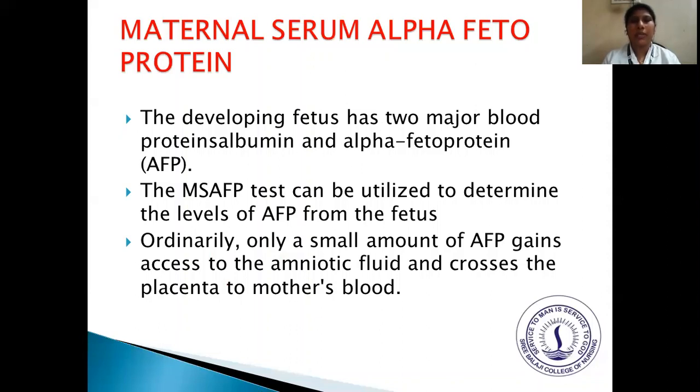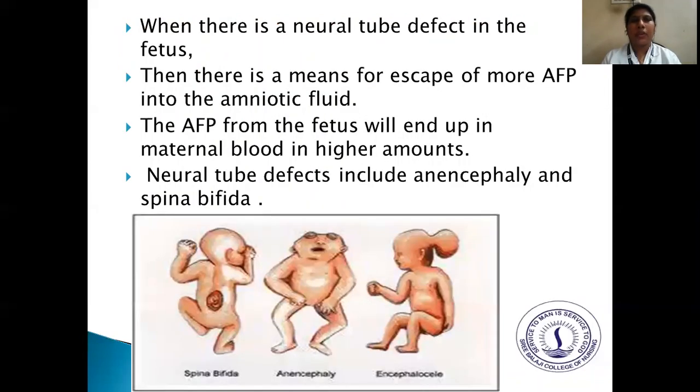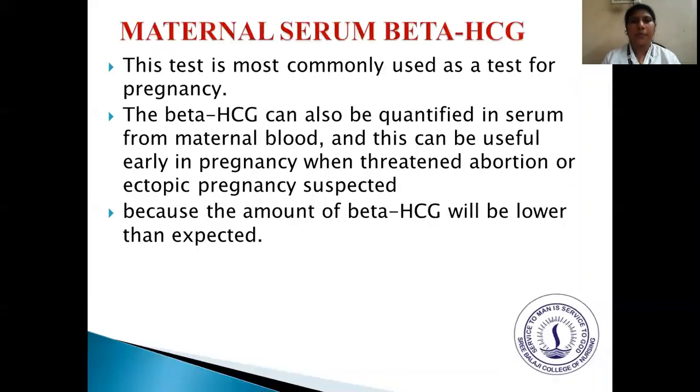This is the test of maternal serum alpha-fetoprotein. When there is a neural tube defect in the fetus, there is a means of escape for more AFP into the amniotic fluid. The AFP from the fetus will end up in maternal blood in higher amounts. Neural tube defects include anencephaly and spina bifida.